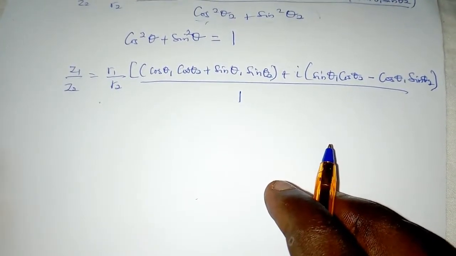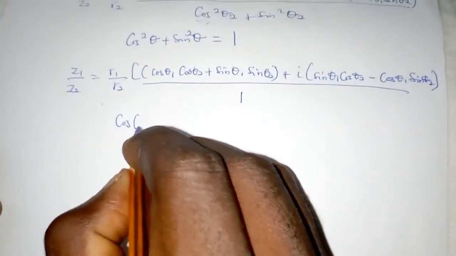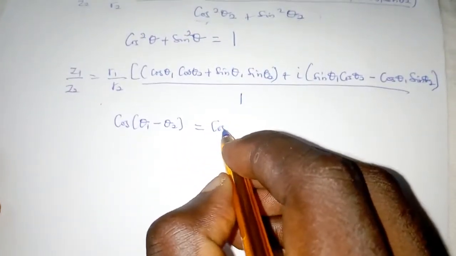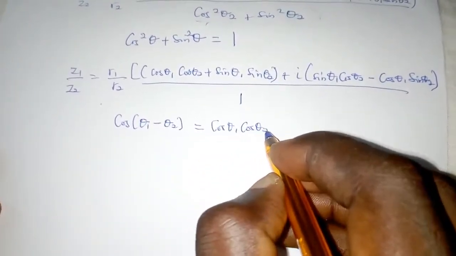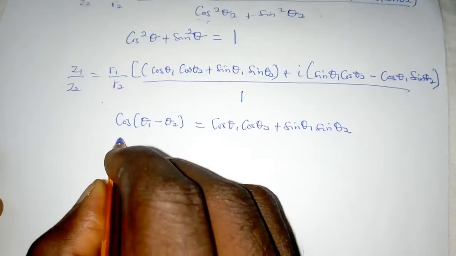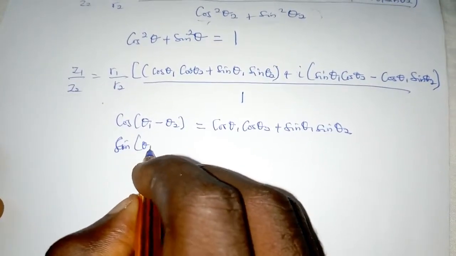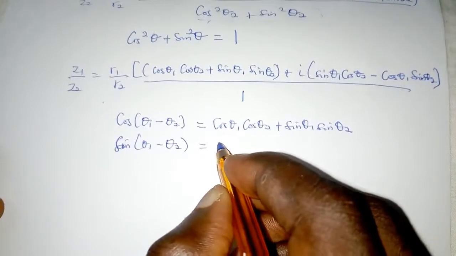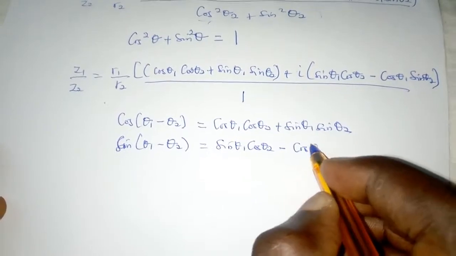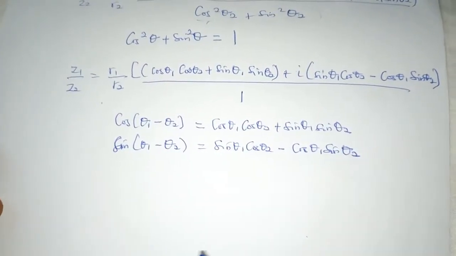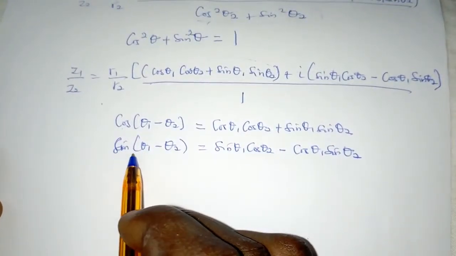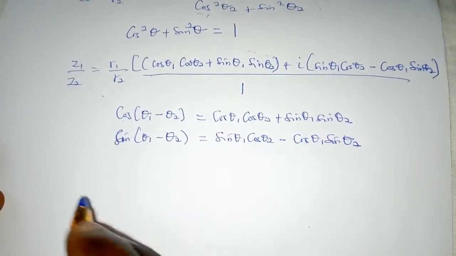Again, from trigonometry, we know that cos of theta 1 minus theta 2 is the same as cos theta 1 cos theta 2 plus sine theta 1 sine theta 2. Similarly, sine of theta 1 minus theta 2 is sine theta 1 cos theta 2 minus cos theta 1 sine theta 2. So in place of these, we can put cos of theta 1 minus theta 2 and sine of theta 1 minus theta 2.